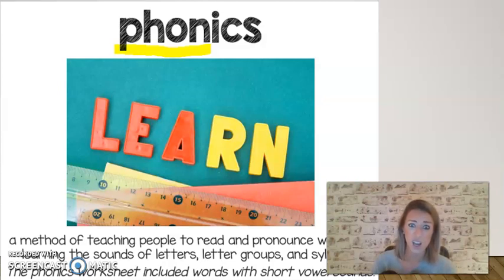Because when you first start, you don't know your letters. They just look like little squiggles on a page. And we have to learn those really carefully and think about what sounds each letter makes. So when we learn our sounds so that we can read, that is called phonics. And it is because the phon part means sound, which is Latin.